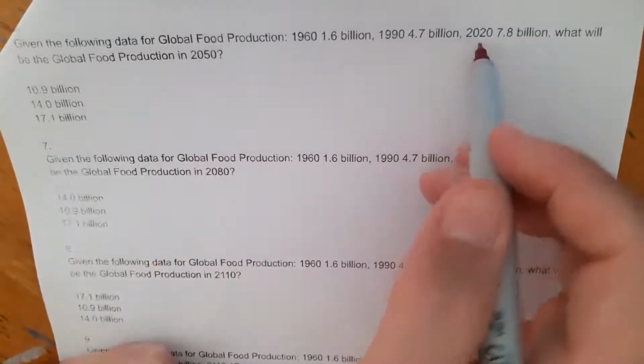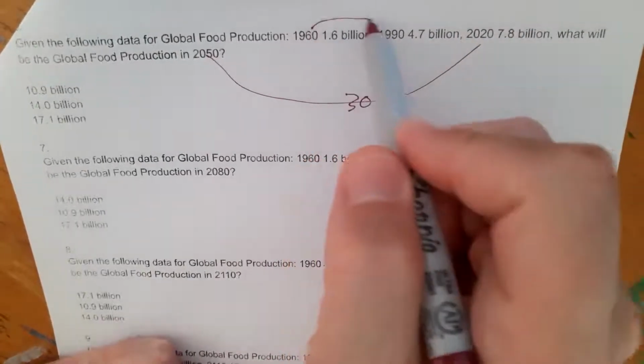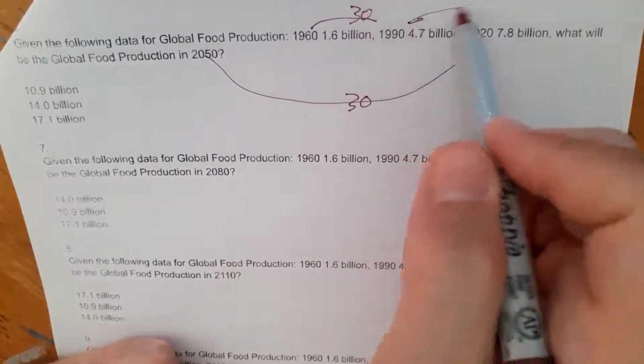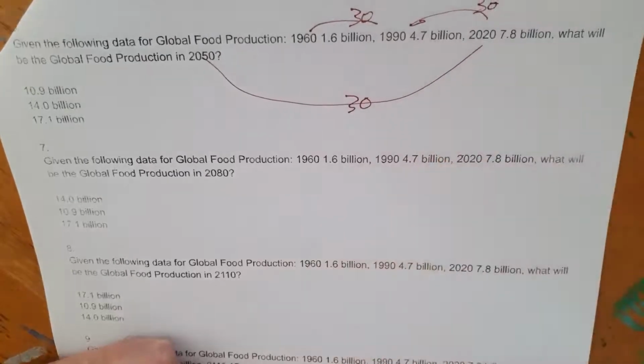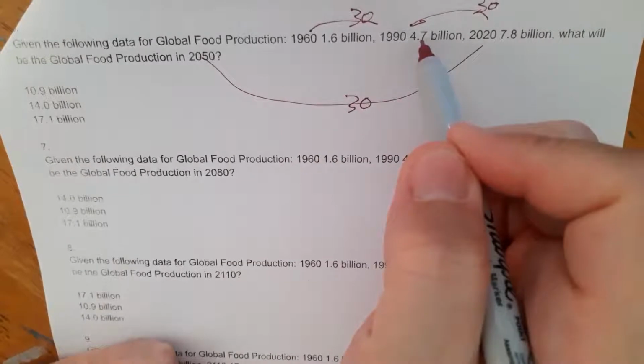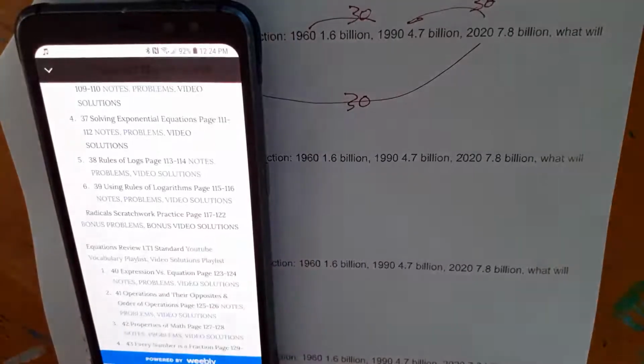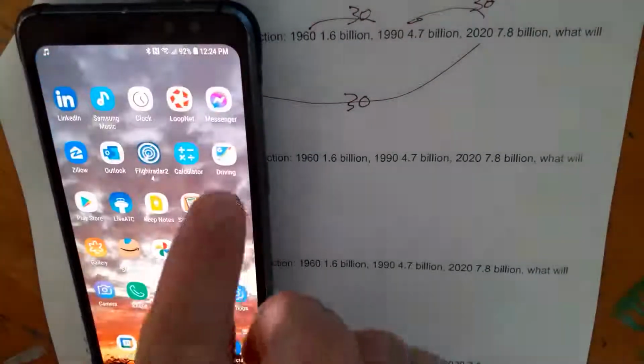So we're going 2020. These are 30 years again. So this is 30 years. This is 30 years. This is 30 years. So we're going 30 years at a time now again. Okay. How much do we increase? We went 1.6 to 4.7. All right. So what's the difference between that? Let's just think about this a little.